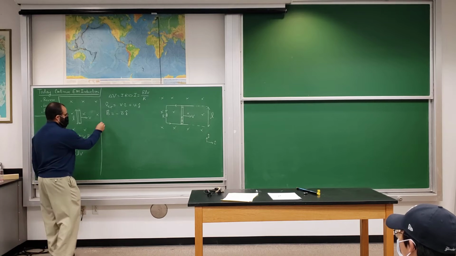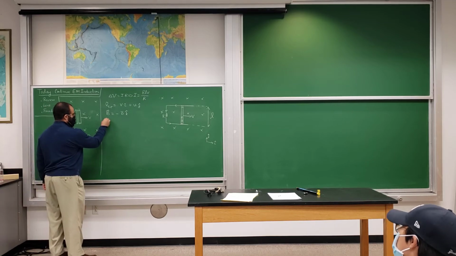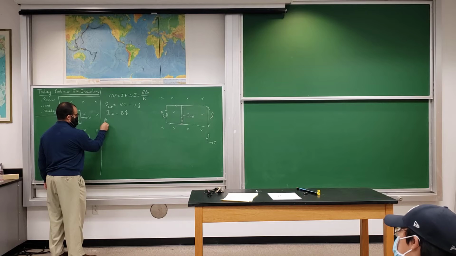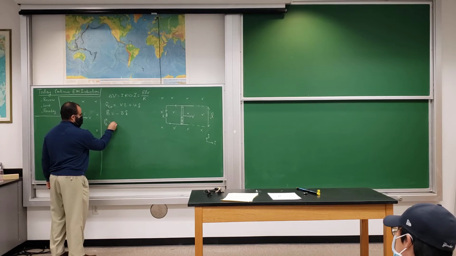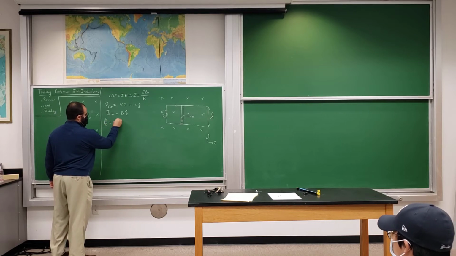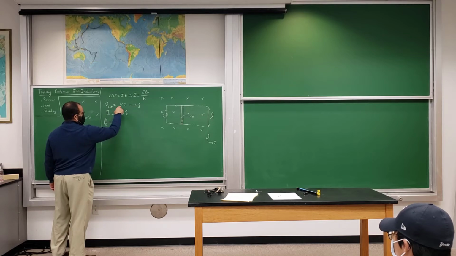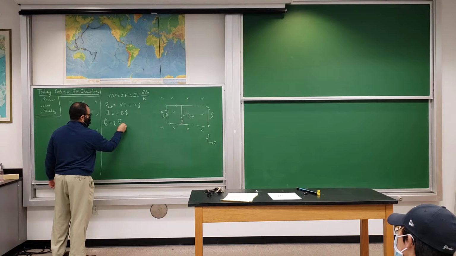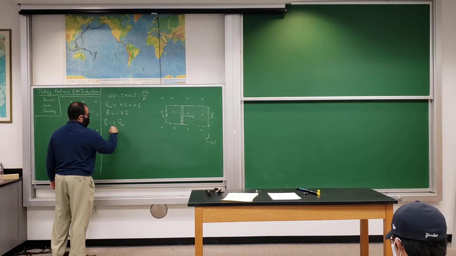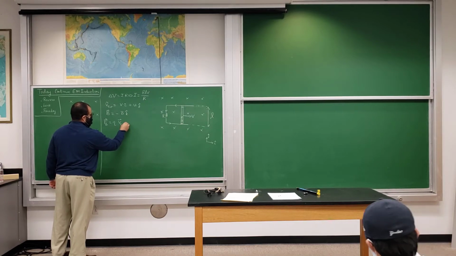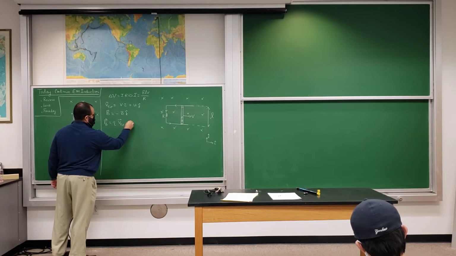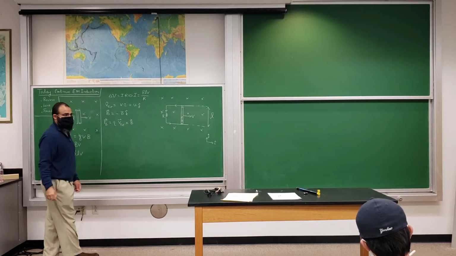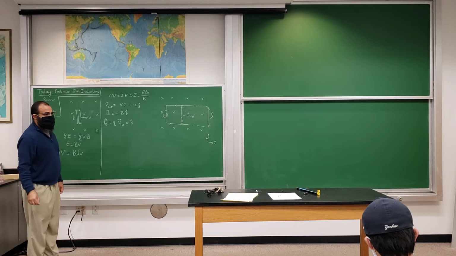Let's find the force. The magnetic force, the force due to the magnetic field, will be the charge times the velocity, but you need to account for both velocities, the x and y components, so the total velocity, cross product with the magnetic field.